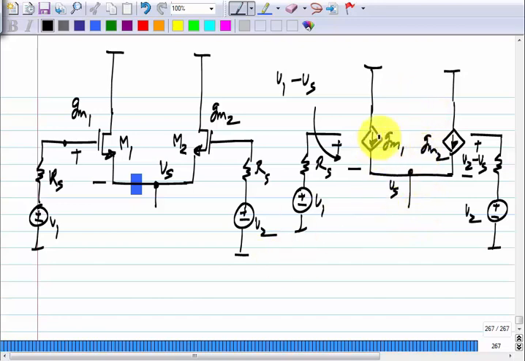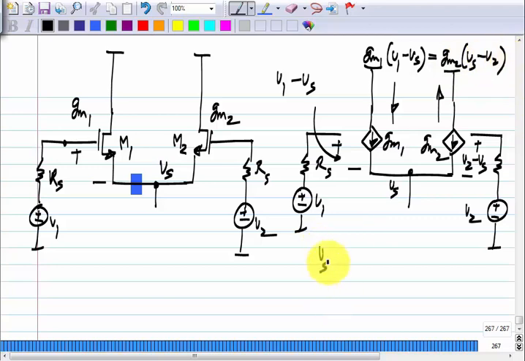So, the current here, which is GM1 times V1 minus Vs, should be equal to the current this way, which is GM2 times Vs minus V2. Okay. And from this you can solve for Vs. What will it turn out to be? What is it? Yeah, it is some linear combination of V1 and V2.